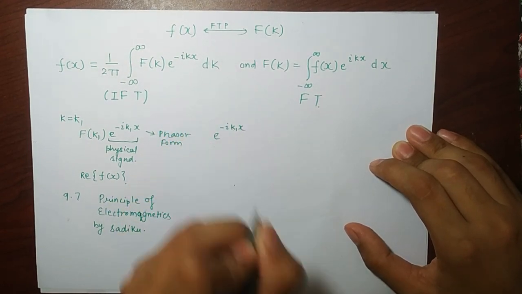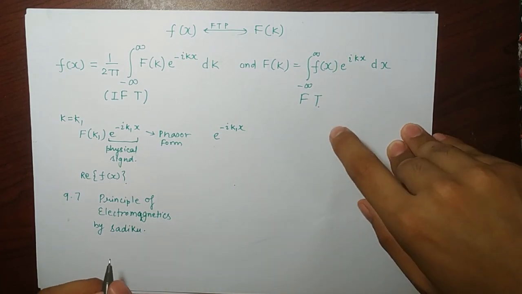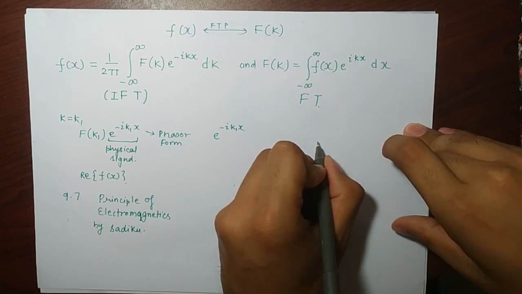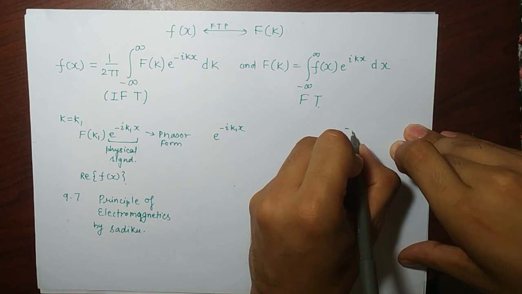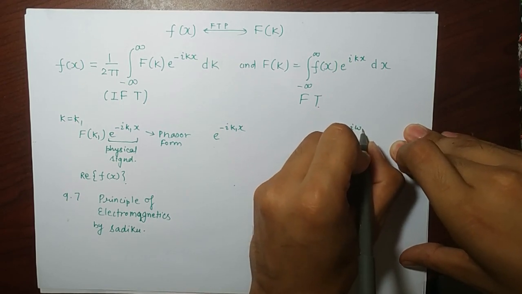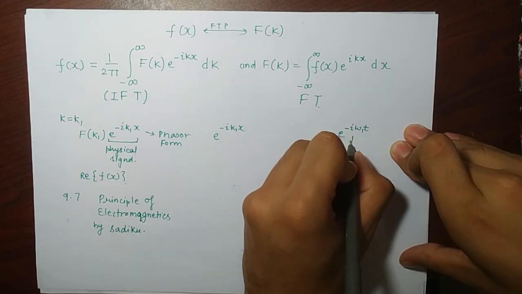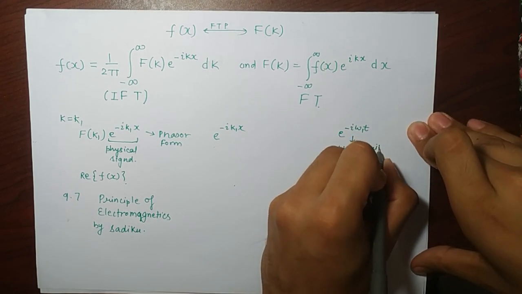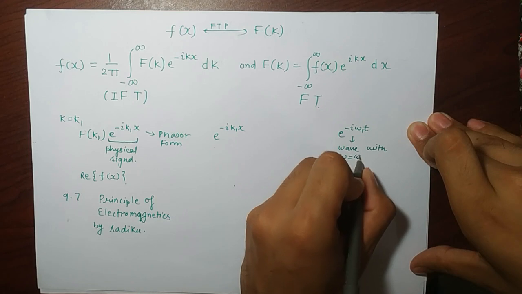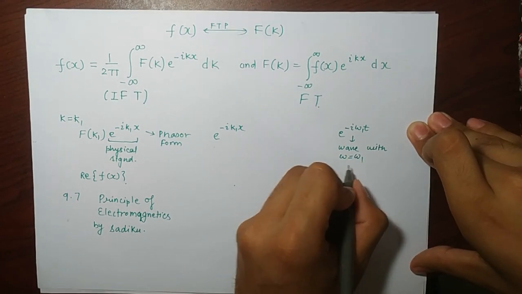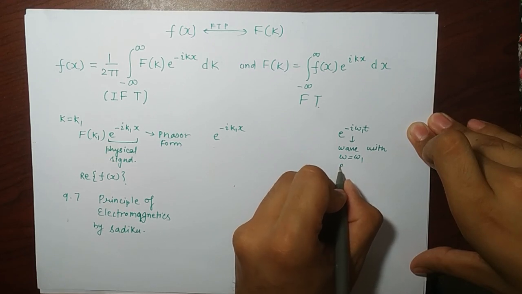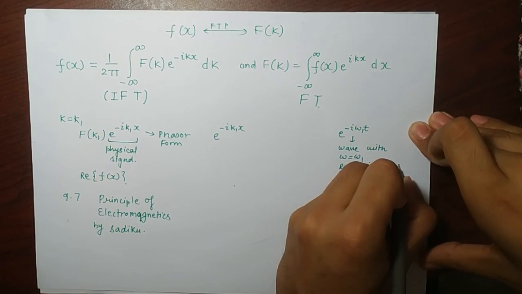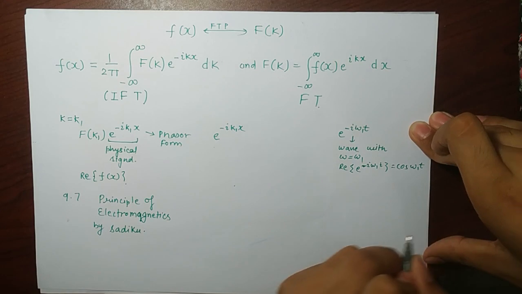If you take, let's say, a signal in the time domain, e^(i omega1 t), basically this is a wave with angular frequency omega1, and the physical signal corresponding to this would be the real part, which is cos(omega1 t).